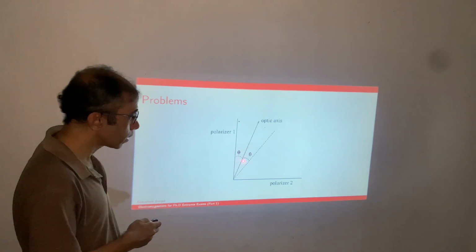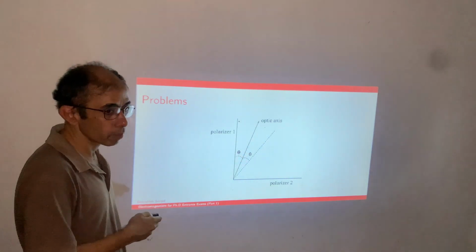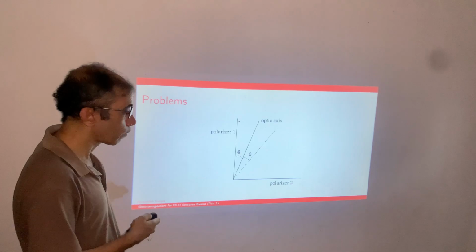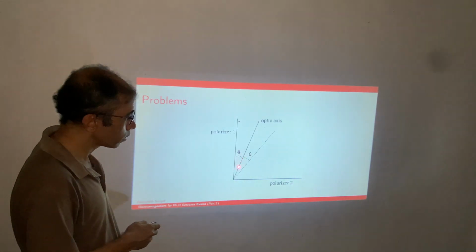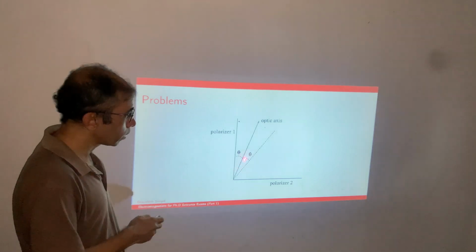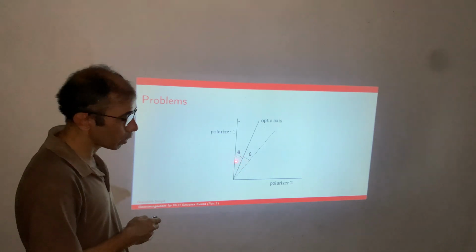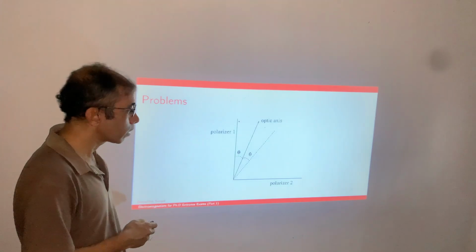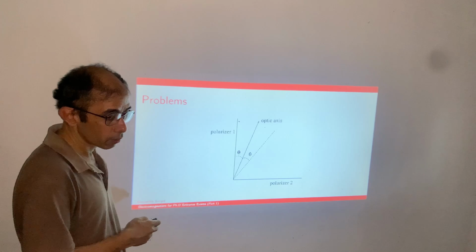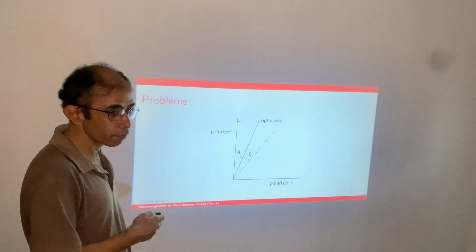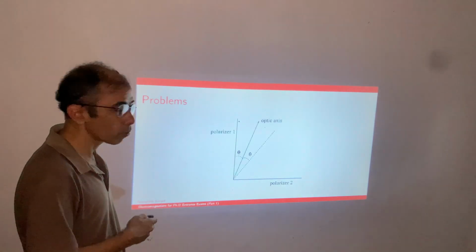But as it goes through the lambda by 2 plate, the half wave plate, there are now two oscillations, one along the optic axis and one perpendicular to it, and a phase difference of pi occurs between them. Initially they were in phase, now they will be in opposite phase.